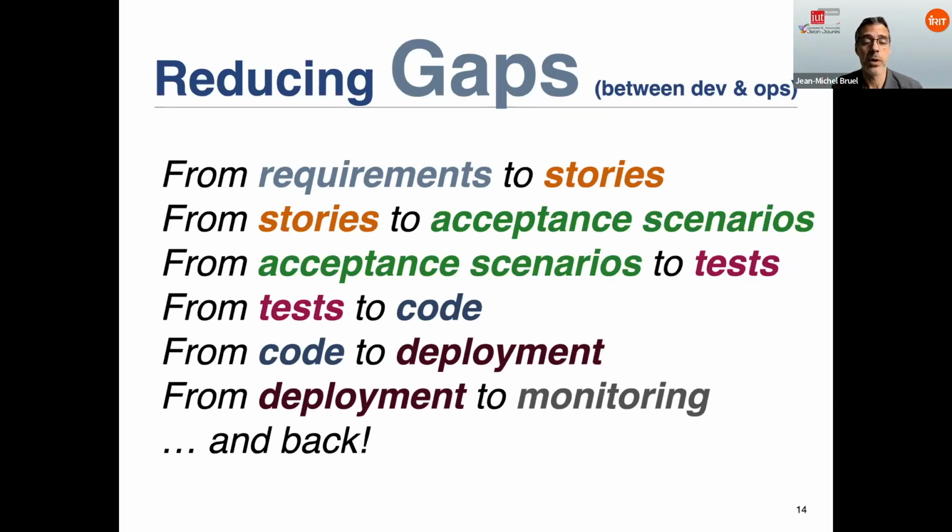back again. We go back again in the sense that the requirements should be something dynamic. Maybe the usage of the system is going to either refine or sometimes modify the requirements.